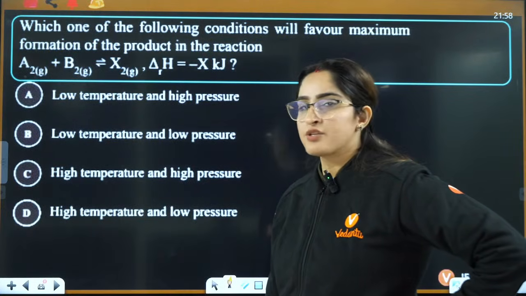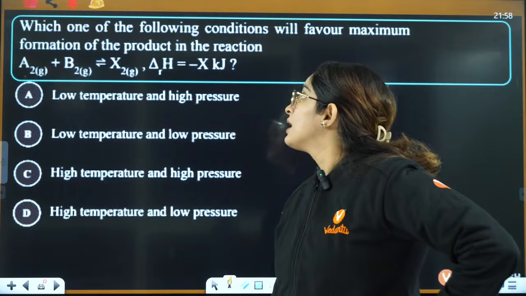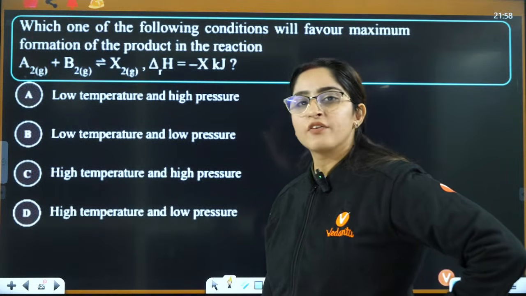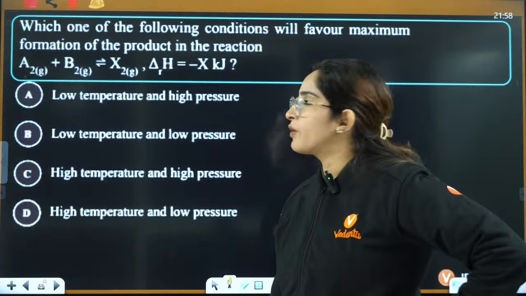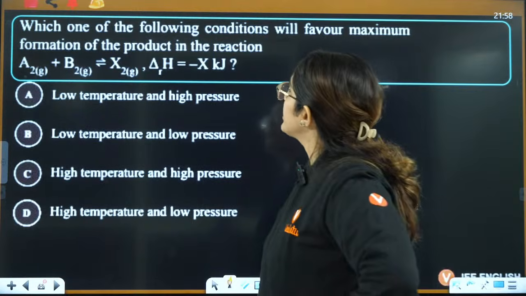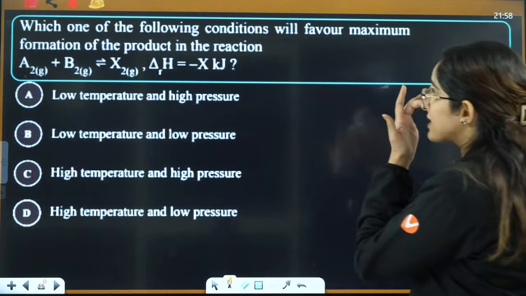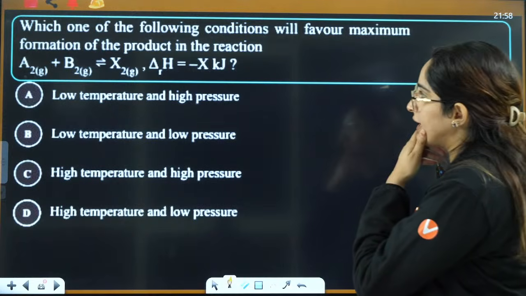Okay. Now, only activation energy, right? Which of the following conditions will favor maximum formation of the product in the reaction?